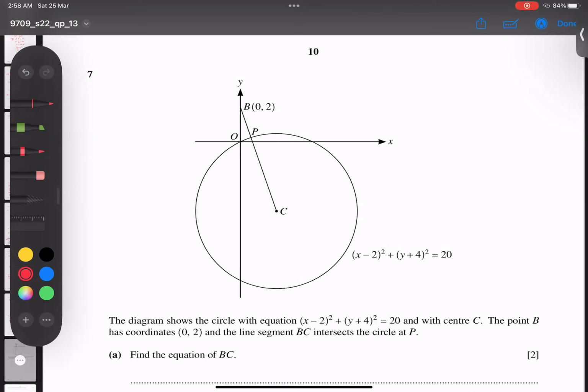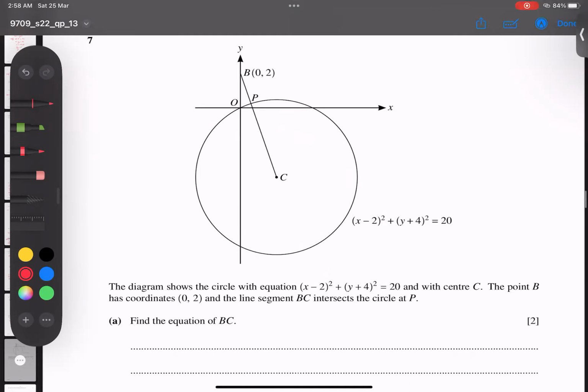The question gives a circle equation with one center, and P to C is called the radius. This is the special form of the equation: x minus a whole squared plus y minus b whole squared equals r to the power 2. If you equate them, you can find the center easily.